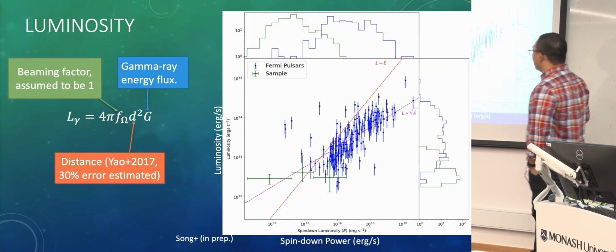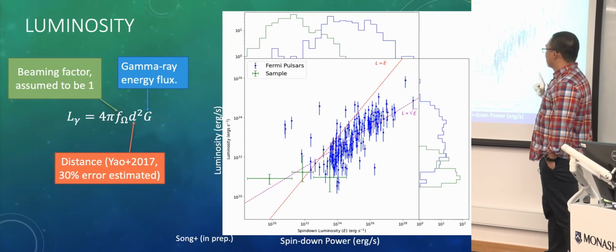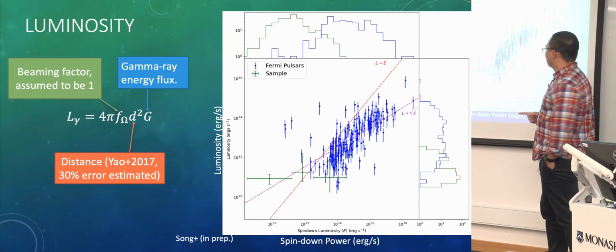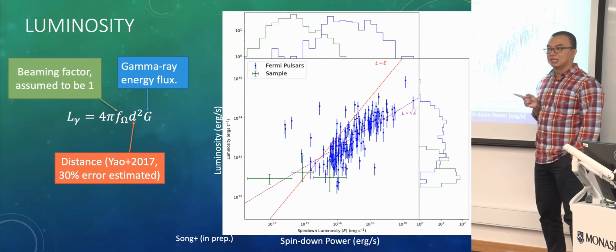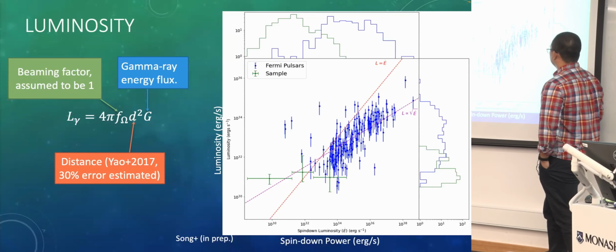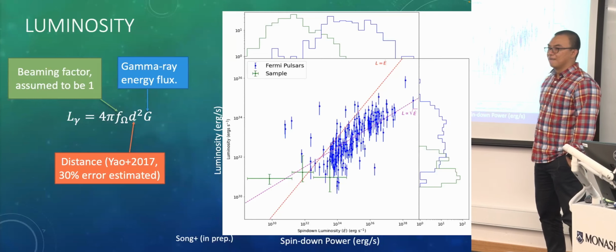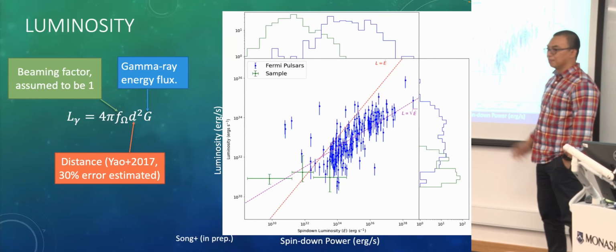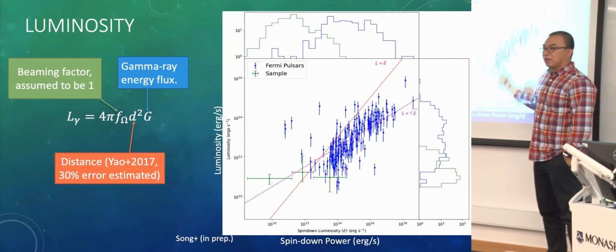Very good question. So the initial thought we had is that the distance measurement of the pulsar is not great in the catalog, because some of the pulsars are in regions where there's a lot of interference to get a good dispersion measure to estimate a good distance.